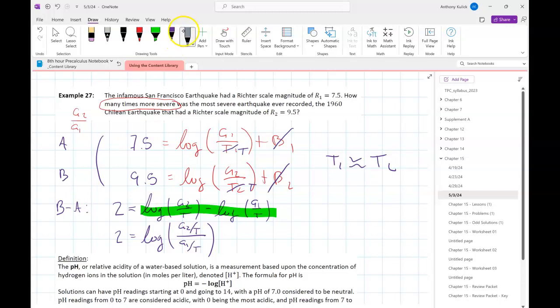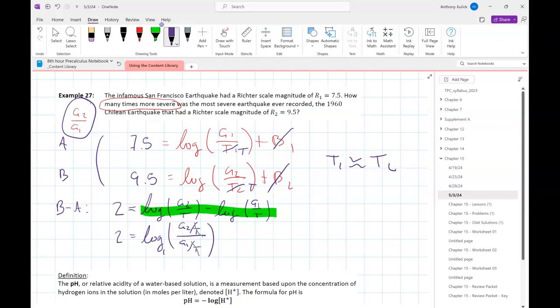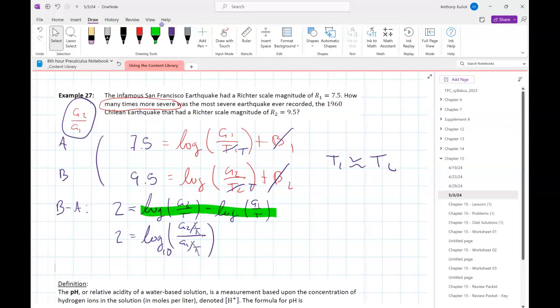What do you notice that I can do inside the logarithm there? I can cancel the T's. Good job. Now, really, what are we trying to solve for? We're trying to solve for A2 over A1. So we've got to get rid of that log. Okay, so it is log base 10 because there's no base written. What do I use to cancel out that log base 10? Not log base 10 to the other side. Not multiply by 10.